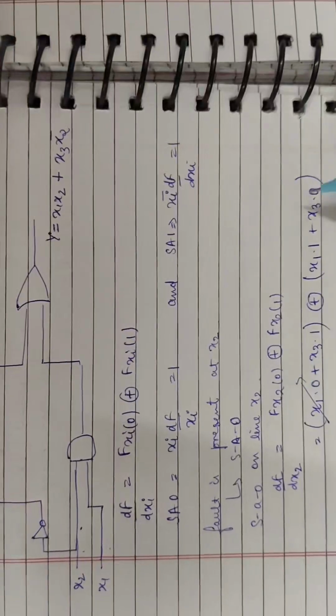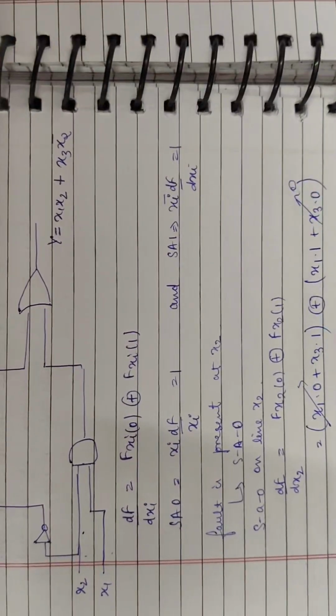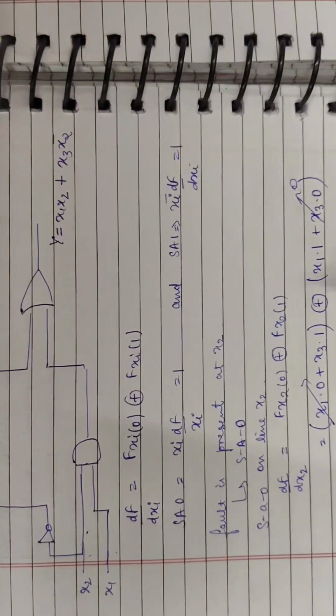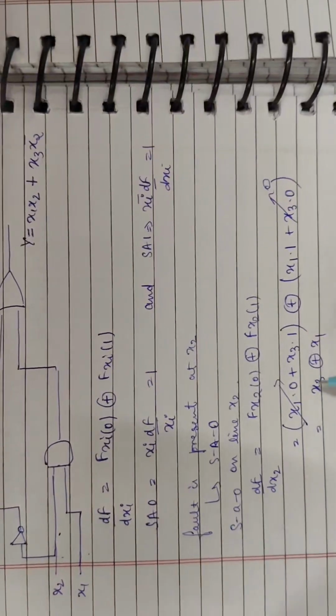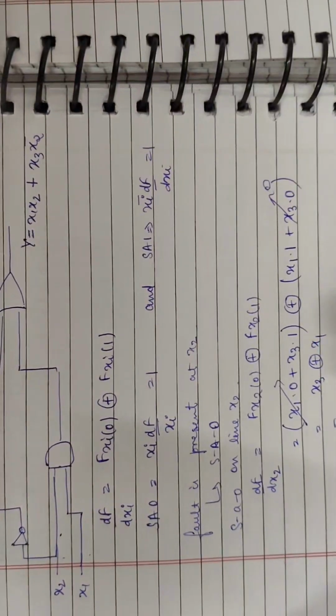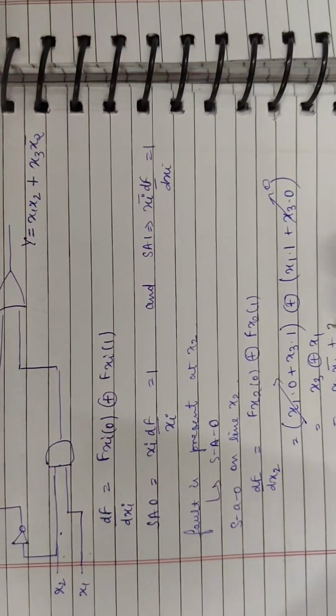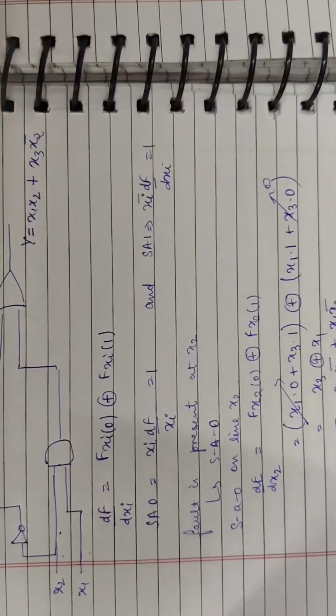This will be 0, this will be 0, so it will be x3 XOR x1, and it can be calculated as x3 x1 bar plus x1 x3 bar.